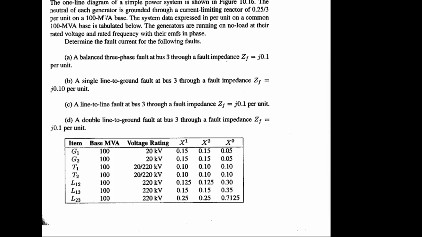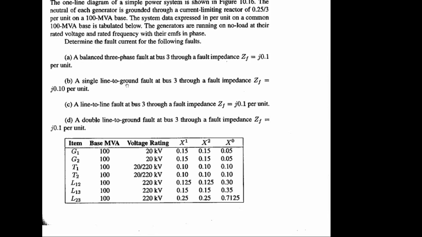Now, what we have to do: the single line diagram is given and the generator is grounded through a current limiting reactor, which has a value of 0.25/3 per unit on a base of 100 MVA. The information is given in tabular form. Determine the fault current for the following faults. You have to determine the three-phase fault, which is the symmetrical fault.